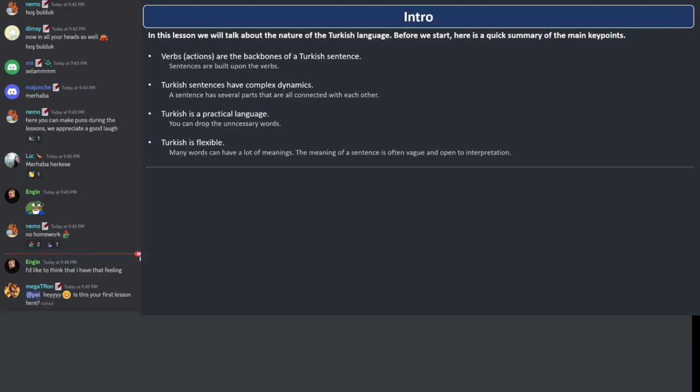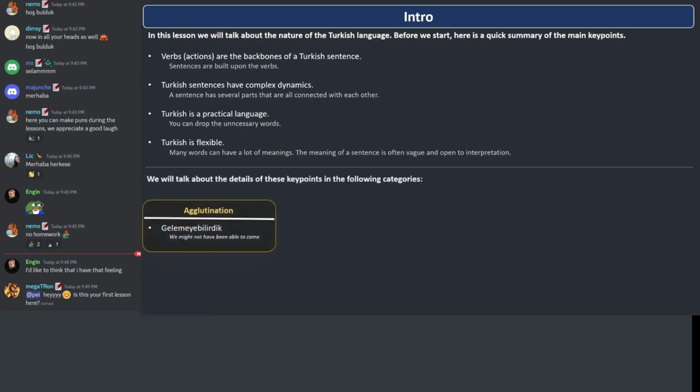That's because in Turkish we don't need many words to say the same thing, or more like we use the same word to say the same thing. We recycle the words. We don't need to come up with new words. Okay, so let's get into details. And what is this verb agglutination, or why are the verbs important?